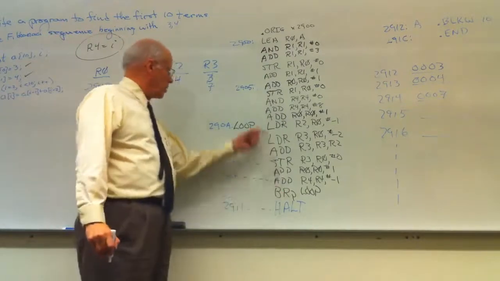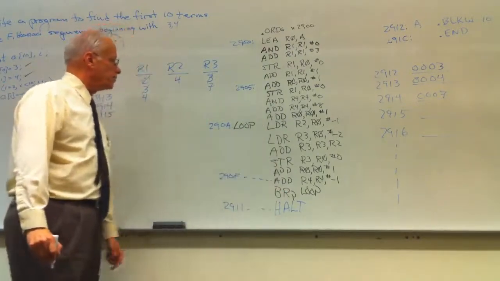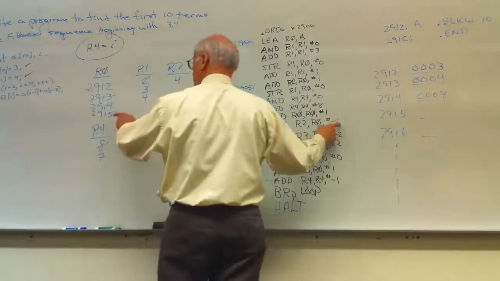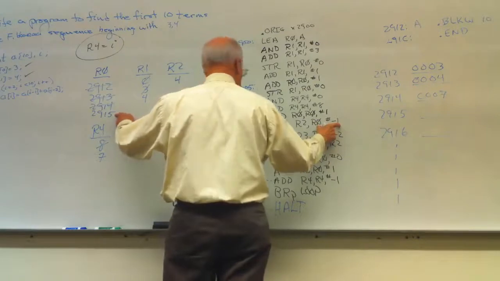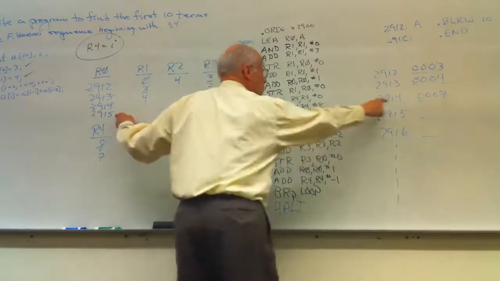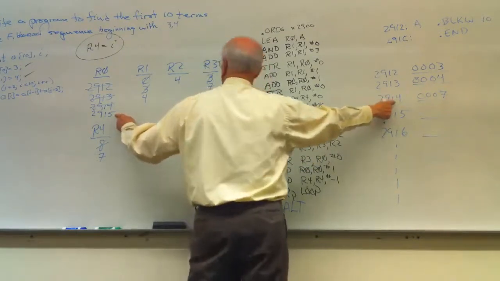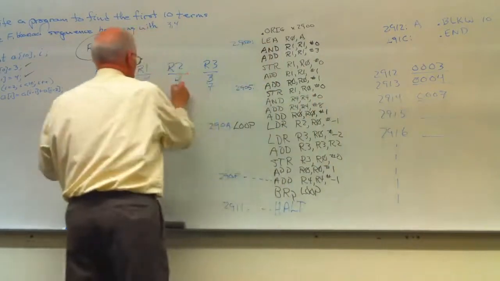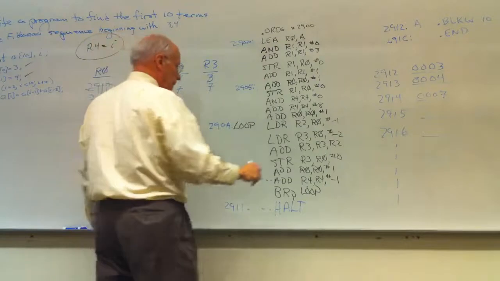Register 4 is still positive, so we branch back up to here. Now, -1 onto register 0 gives me 2914. I load from that location into register 2. Well, there's a 7 out there, so I've got a 7 here.